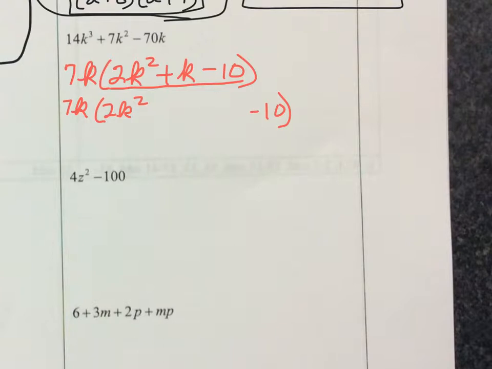2 times negative 10 is negative 20. The square root of 20 is 4-point stuff. So I ask if 4 goes into 20, and it does 5 times. It's either 4 times negative 5 or negative 4 times 5.